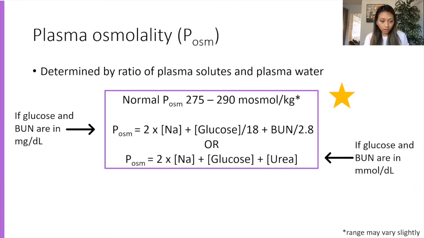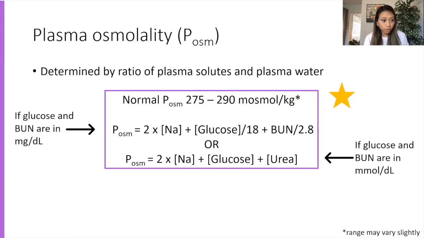So I have a big star here next to this equation, the plasma osmolality. I have a big star there because if you haven't memorized it already for any of your board exams, whatever your version is in your country, or if you take USMLE, you should memorize it. It will come up a lot. Normal plasma osmolality is 275 to 290 milliosmoles per kilogram.